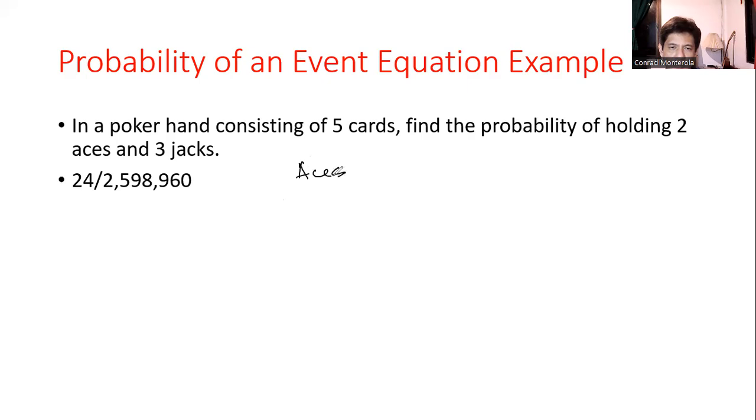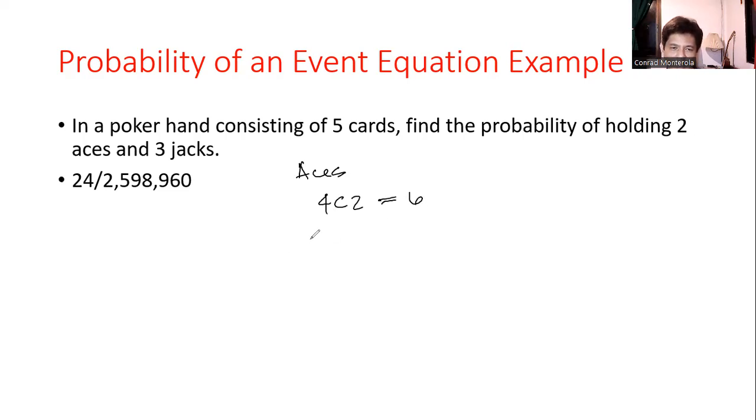The number of outcomes would be 4 combination 2. Okay, so just use your calculator to get 4 combination 2. Bali you have 4 aces, so different suits, no? So combination, shift, divided by, tapos 2, this will give you 6, ano? So 6 yung sa aces.